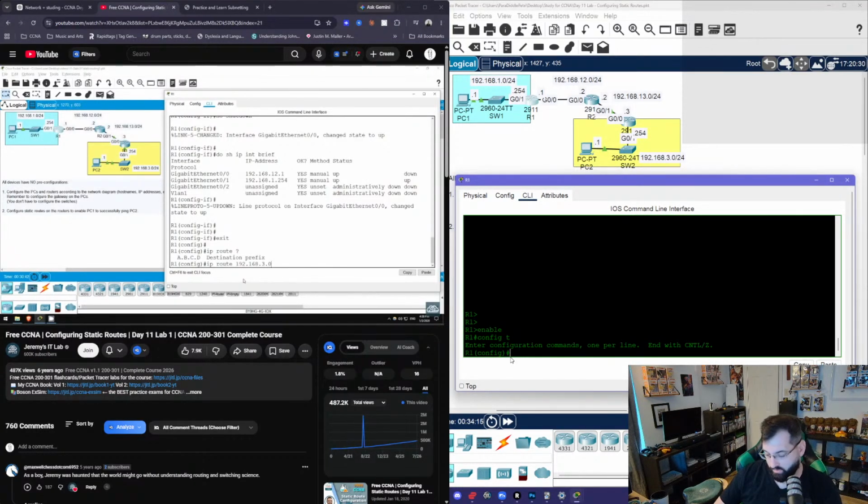It's IP address, and then it's 192.168.3.0. Because that is my destination. That's where I'm trying to go. And then the subnet mask is 255.255.255.0.